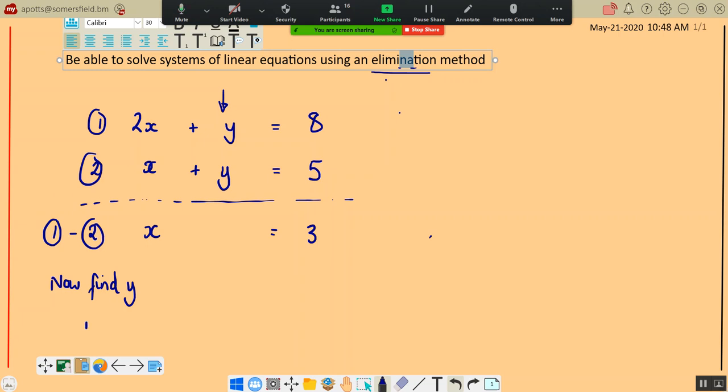So I might use x equals 3 in x plus y is equal to 5. So I've got 3 plus y is 5. Therefore, y is equal to 2. So is that what you picked? Did you pick 3 and 2 for x and y? Yeah. Okay. So we can solve that. So that's our elimination method approach. Any questions on that at the moment?